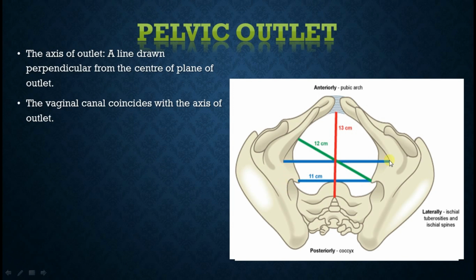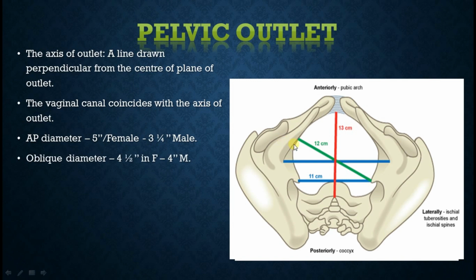And transverse diameter, when you measure the two ischial tuberosities, transversely you measure the two ischial tuberosities. Okay, and then you also have the diagonal conjugates, which is from the ischial spine. From the ischial spine, you measure to the opposite side.